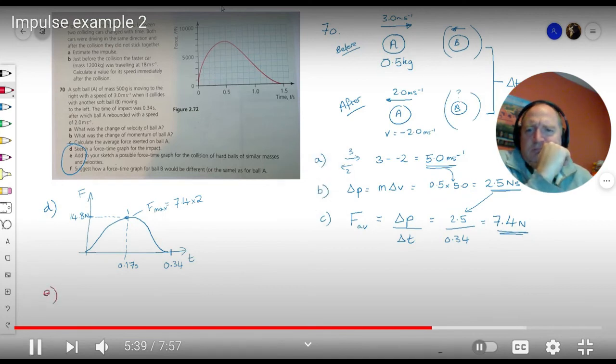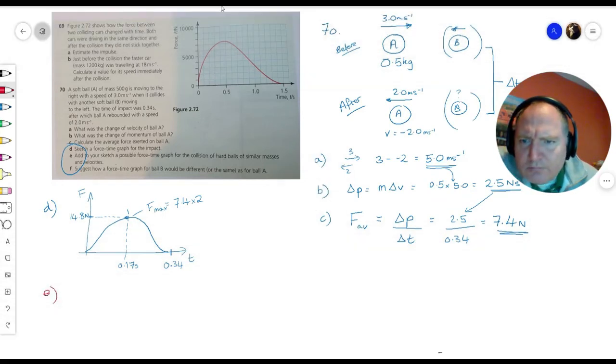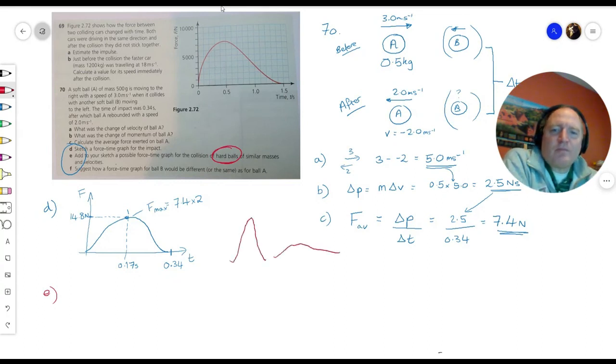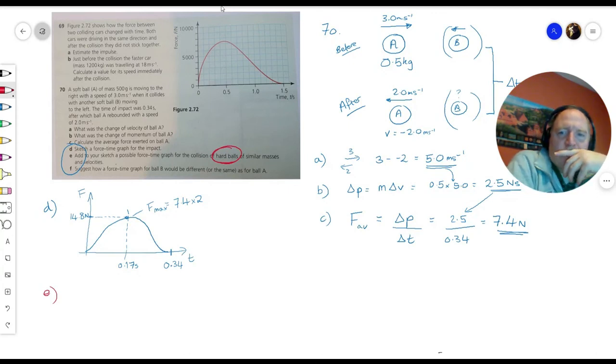Because it says, sketch a possible force time graph for a collision between two hard balls that have similar masses and velocities. So what we need to know is that it's going to be more of this shape than this shape. And on these axes I've drawn, it's also going to be a shorter, sharper collision.